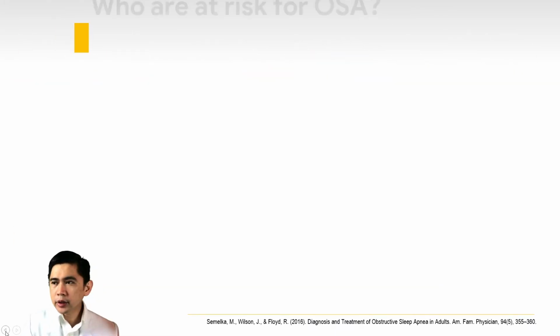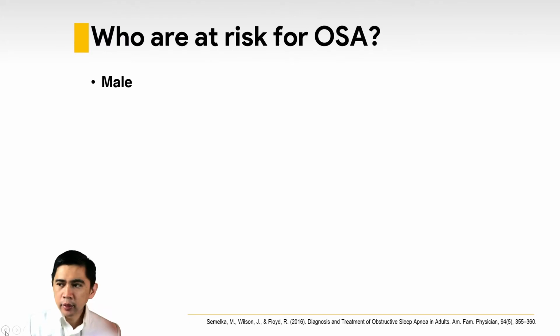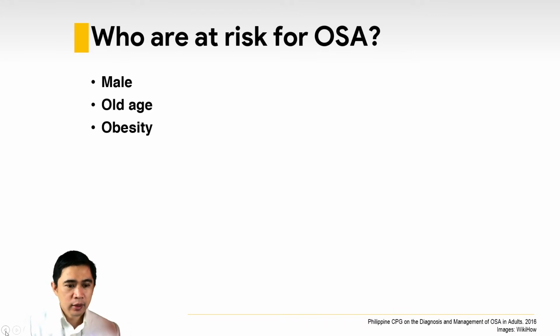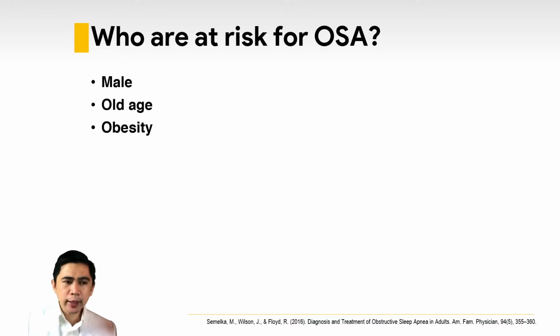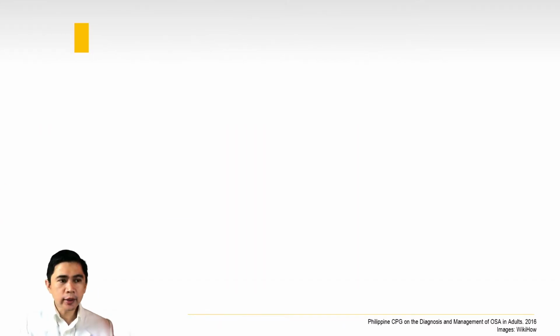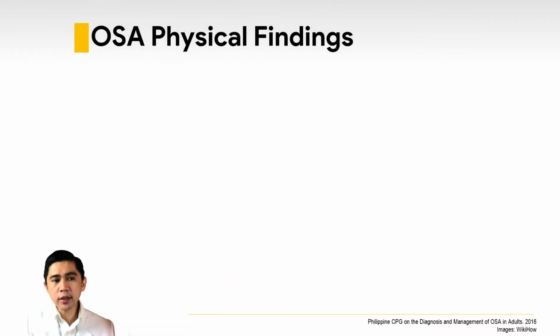So who are at risk for obstructive sleep apnea? Usually male, those who are old male, and those who are obese. So you have 3 times the chance of having OSA if you are a male, and you have an increased risk for OSA if you reach the age of 60. So what are the typical OSA physical findings?